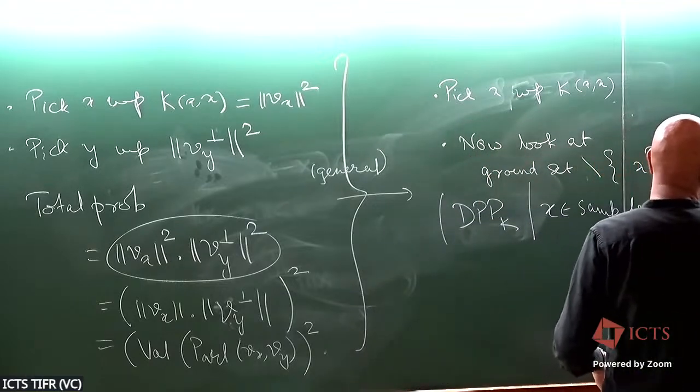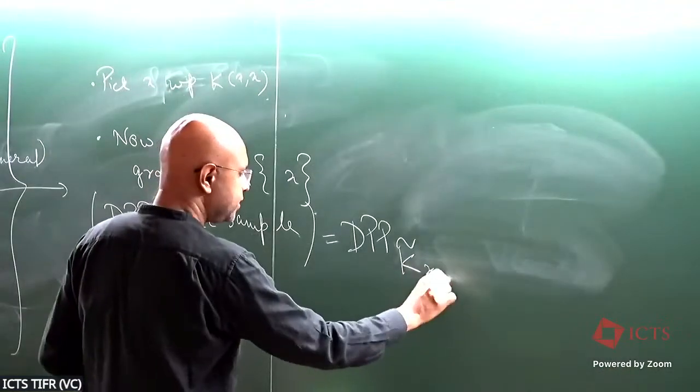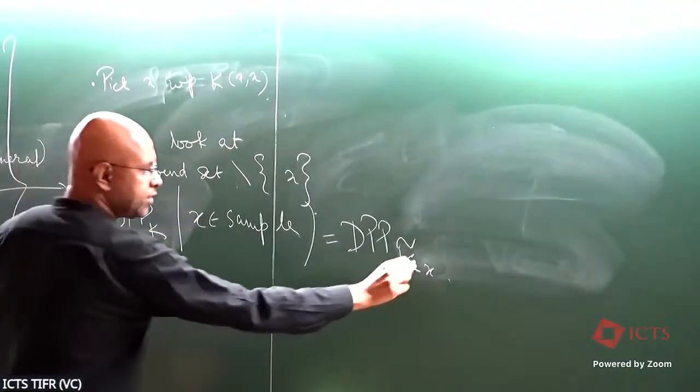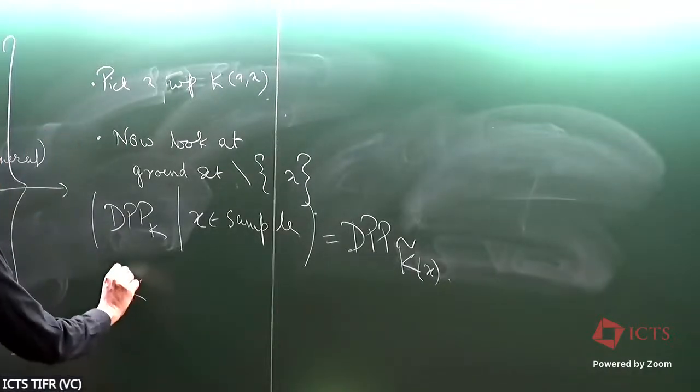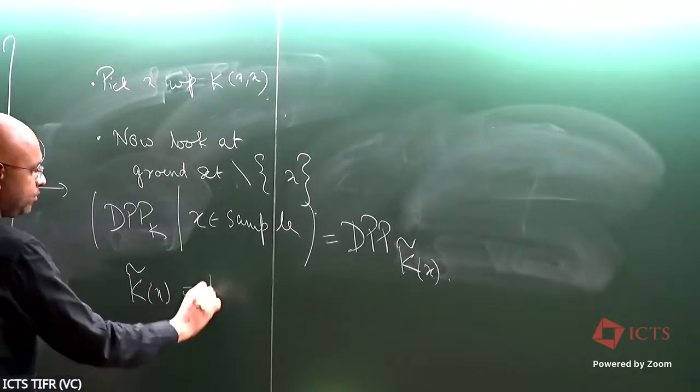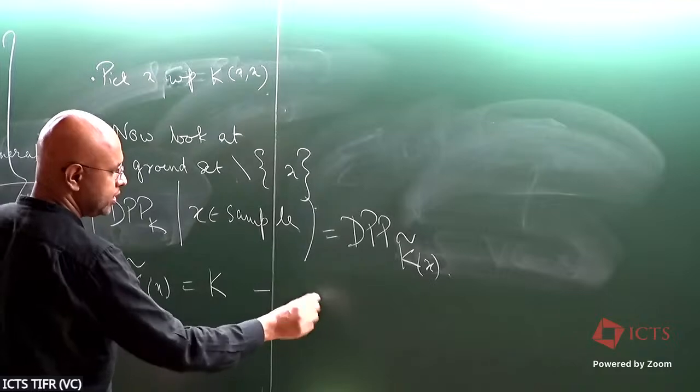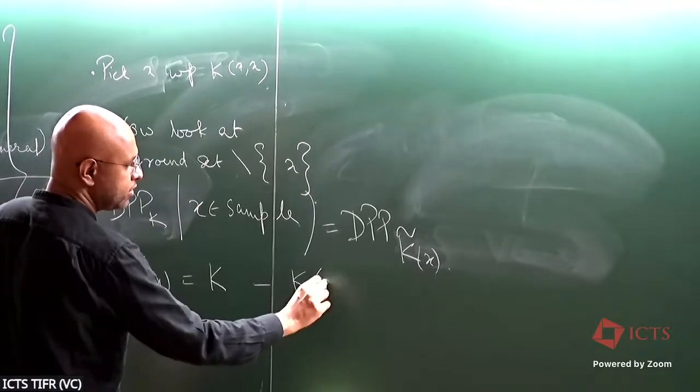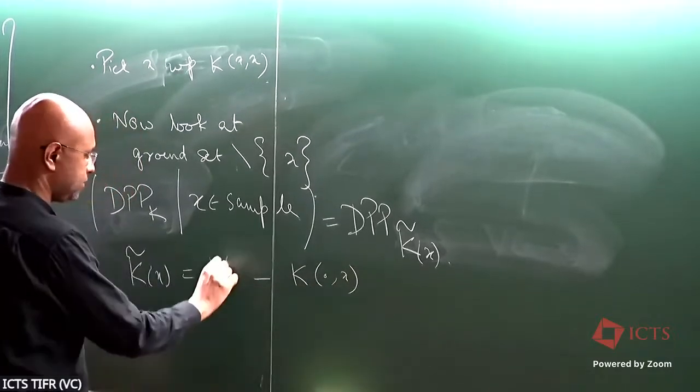with a different kernel K tilde of x, and this K tilde, which is a function of x, is simply K minus a rank 1 perturbation.